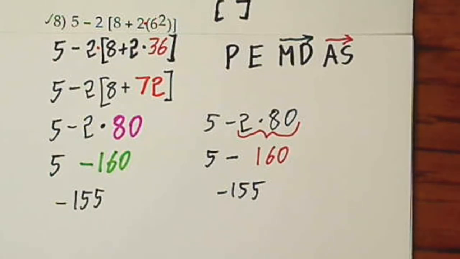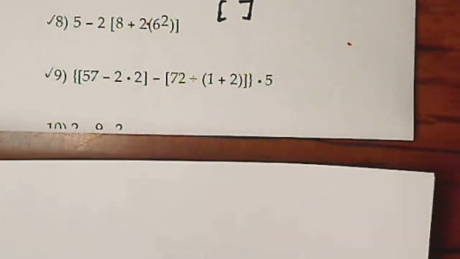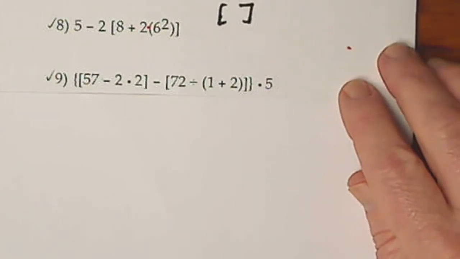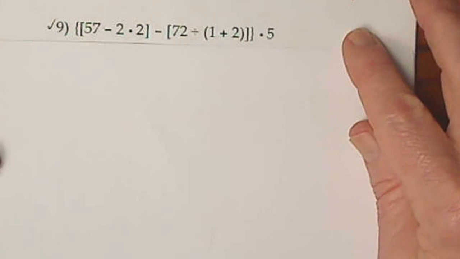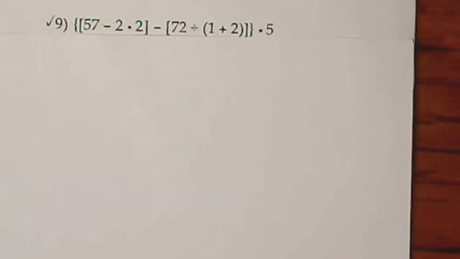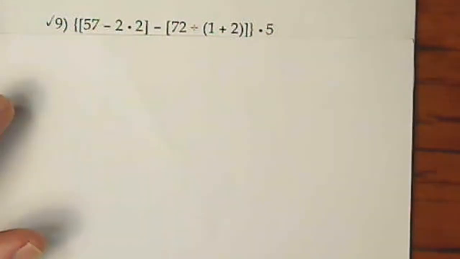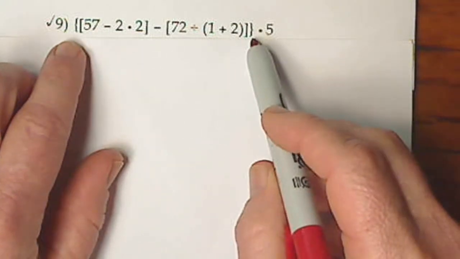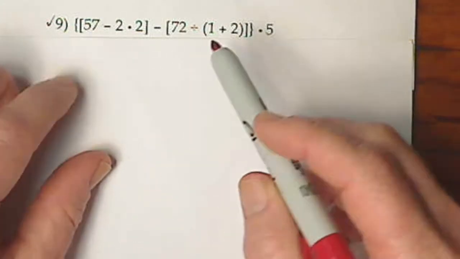Alright, let's do another order of operations. We'll tackle number 9 here. Okay, you have 2 different sets of parentheses and these brackets way out here keeping all this contained.